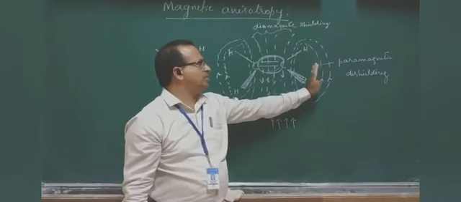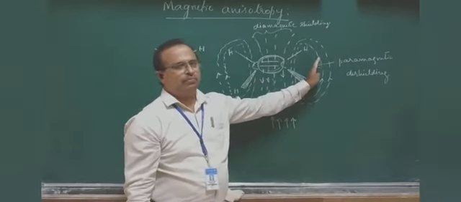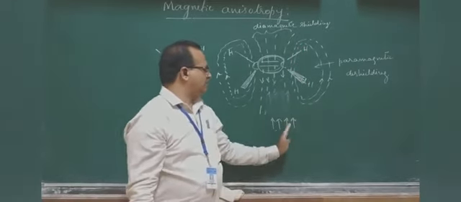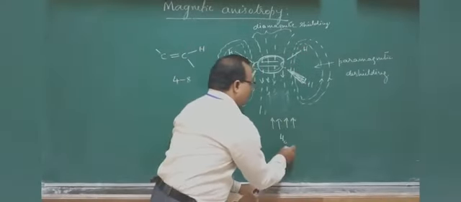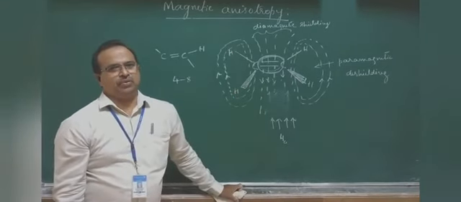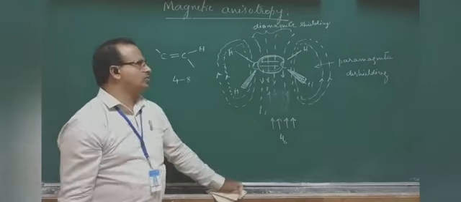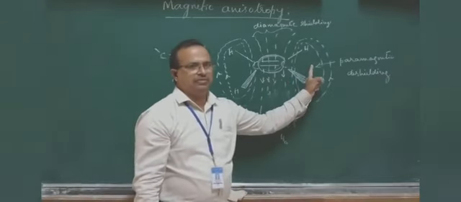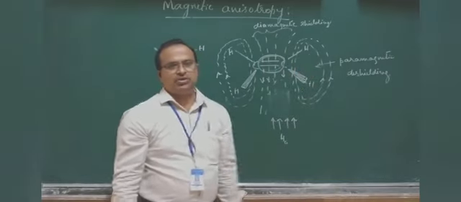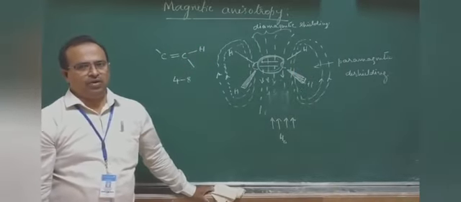So these protons experience more field along with this one. So these protons are highly de-shielded protons. The chemical shift values for these protons are very high, and this cannot be explained on the basis of electronegativity effect alone.